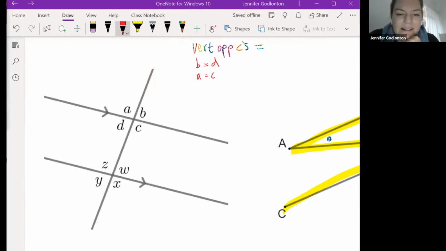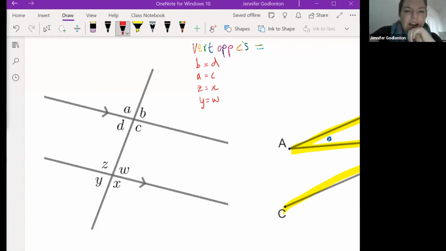Z and X. Yes, Z is equal to X. Perfect, good. Can you give me another one? Y and W. Beautiful. Excellent. So those are our vertically opposite angles that are equal to each other. Perfect.